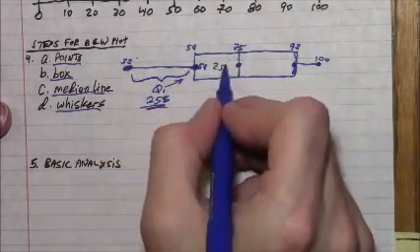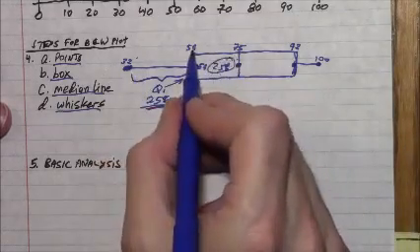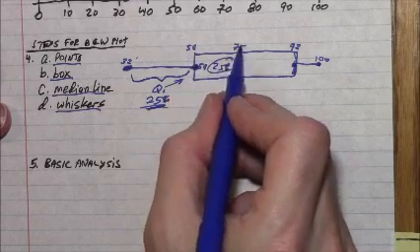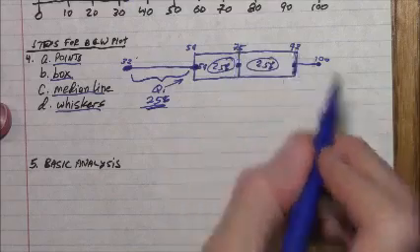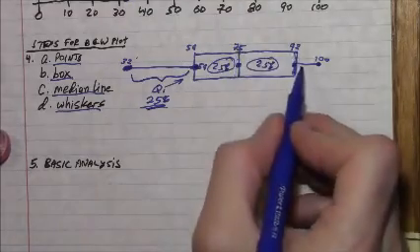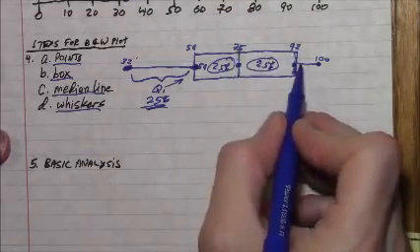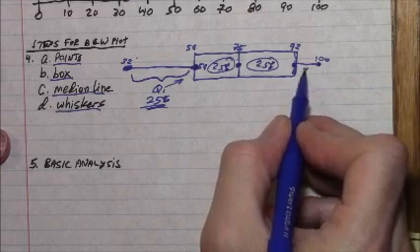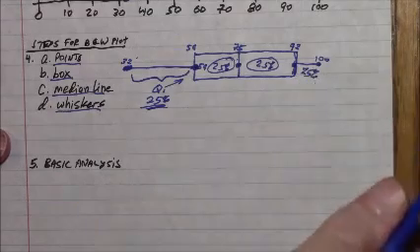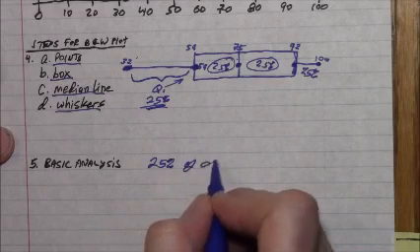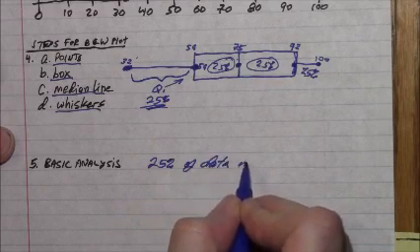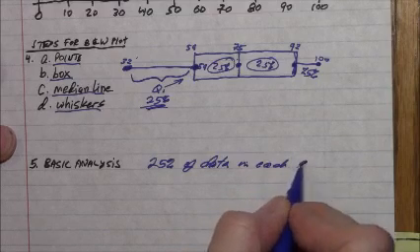Then 25% of all the data is between 59 and 75. 25% of the data is between 75 and 92. And then a very small amount here, 92 to 100, but there's also 25% of the data there. Okay, so 25% of data in each quartile.